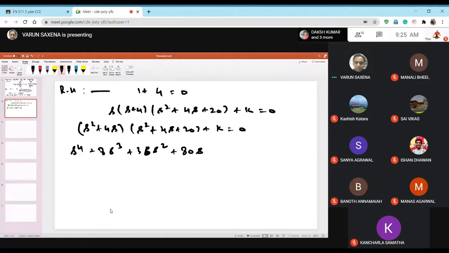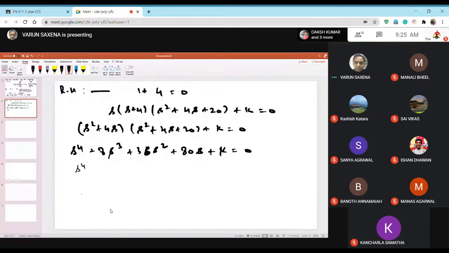Okay, so all terms of S are there, all the coefficients are positive, so that's the necessary condition. We can move towards the table of Routh-Hurwitz. So let's make that table. So you have, I'll use a thinner pen.